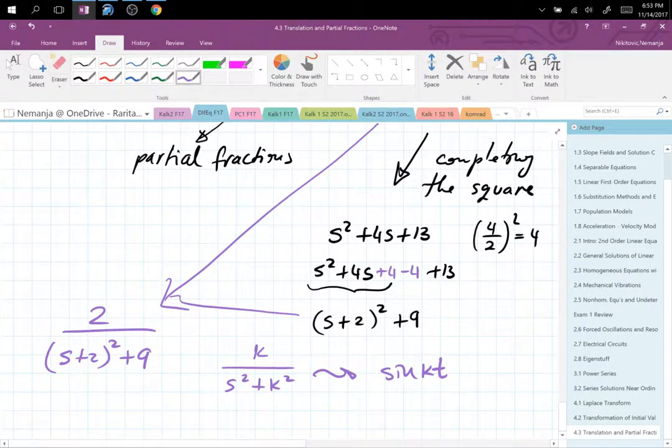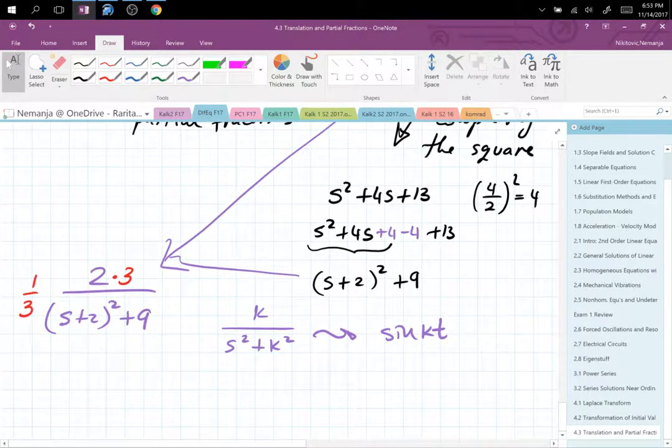The way I fix that is I need a 3 on top, because this needs to be 3 so that this could be 9. So I make the 3 on top, but if I multiply by 3, I have to multiply by 1/3 to counter it. So now this problem is transformed into 2/3, and now I have 3 over s plus 2 squared plus 9. All right, so we fixed those k's.